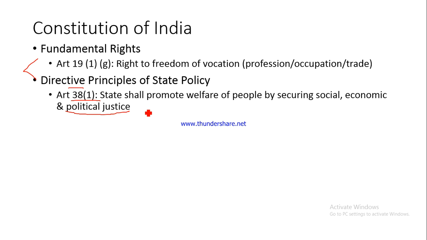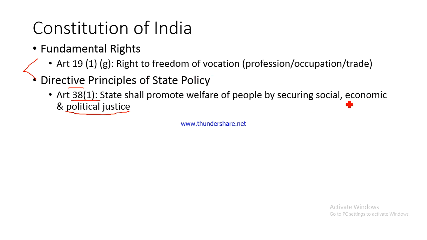Be it a man, be it a woman, be it somebody from one community, be it somebody from some other community, be it somebody from a particular profession, be it a rickshawala, be it a big industrialist. Every single individual has been given the right to cast vote in elections and to elect his representatives, and the value of every single vote is the same, despite the differences in the backgrounds. So this is what we mean by political justice.